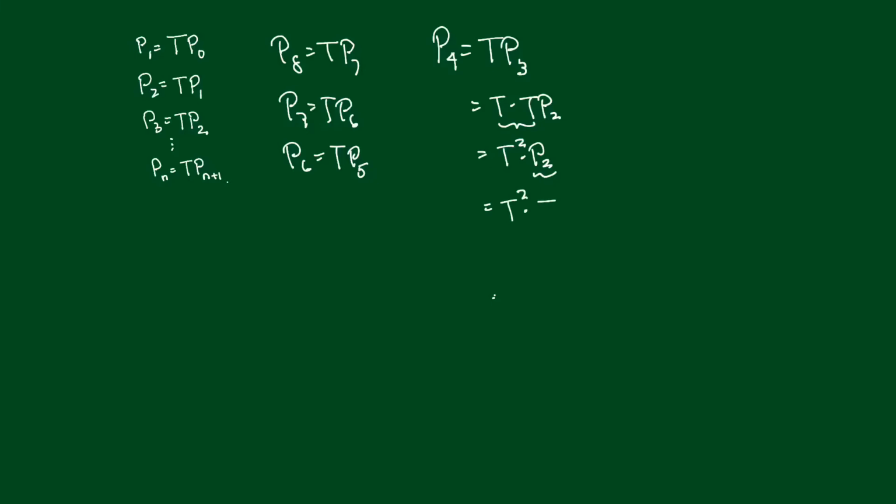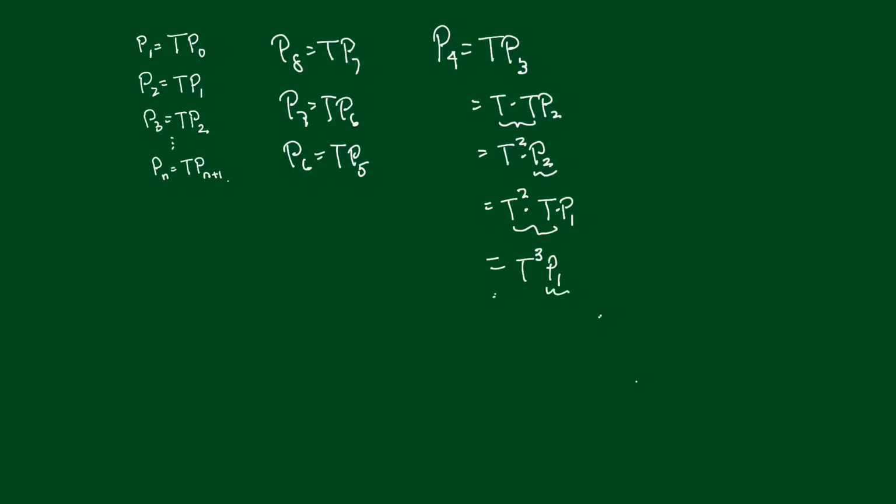How do you get P2? Well, that's T times P1. And then T squared times T is equal to T cubed times P1. But what's P1? P1 is T times P naught. And T cubed times T is T to the fourth times P naught. So that's P4.